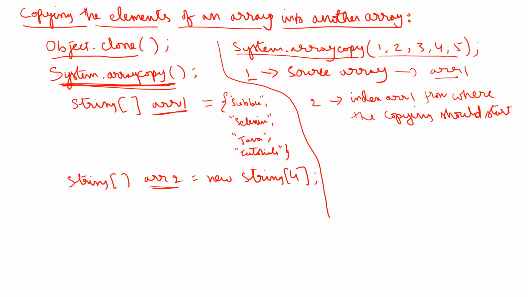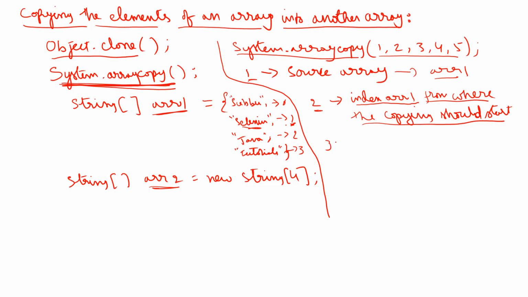That means in this array, this is index 0, and this is index 1, and this is index 2, and this is index 3. Let's say I want to copy the elements of the array from Selenium. So the second argument I have to give as 1. That means the second argument is the index of the source array from where the copying should start.